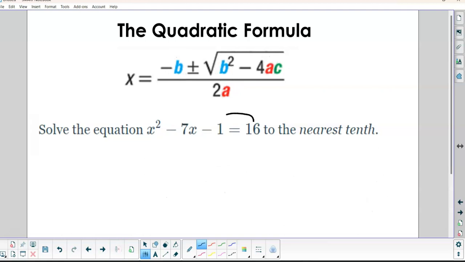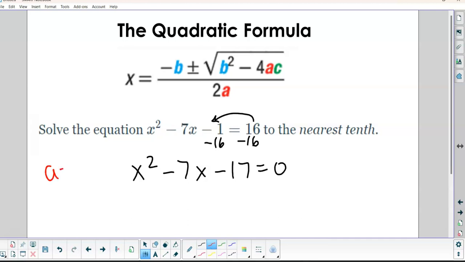So let's rearrange this by subtracting 16 from both sides, and that will give us x squared minus 7x minus 17 equals 0. And now I know my values. A is an invisible 1, b is a -7, and c is -17.